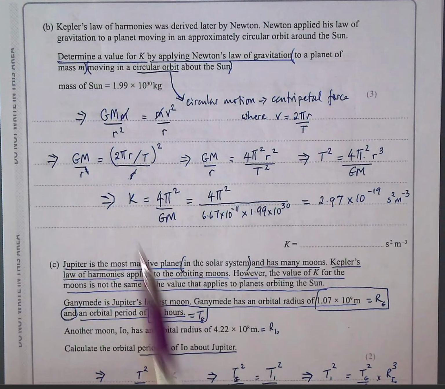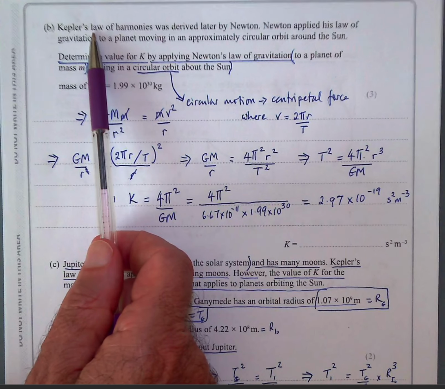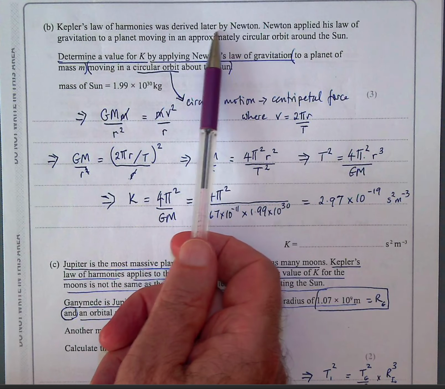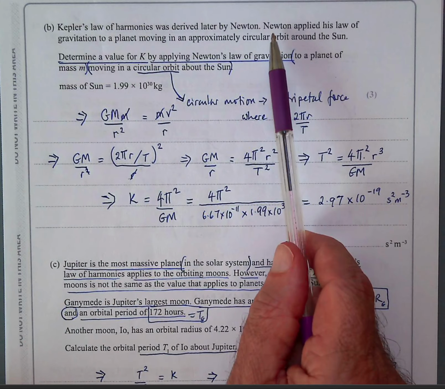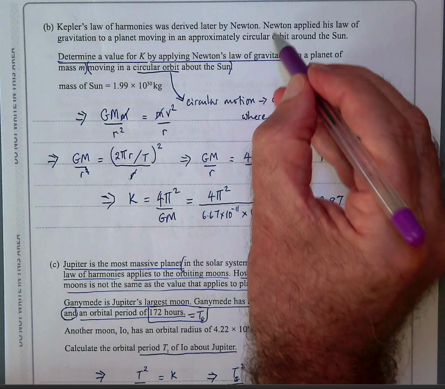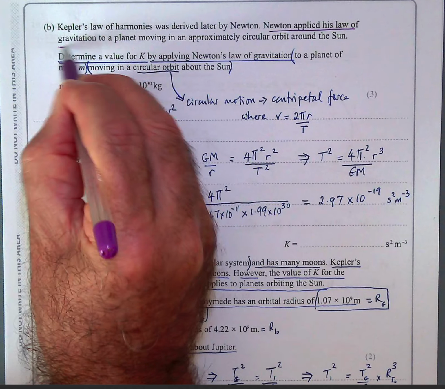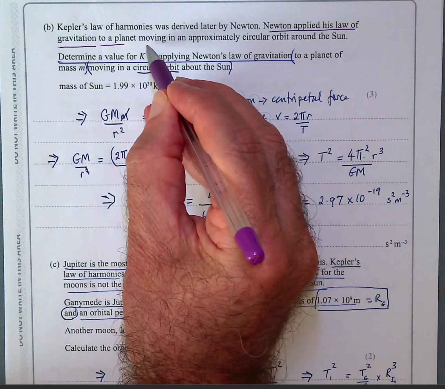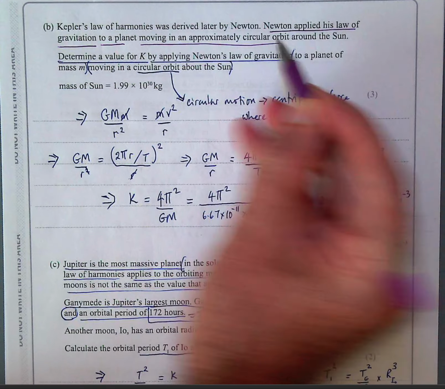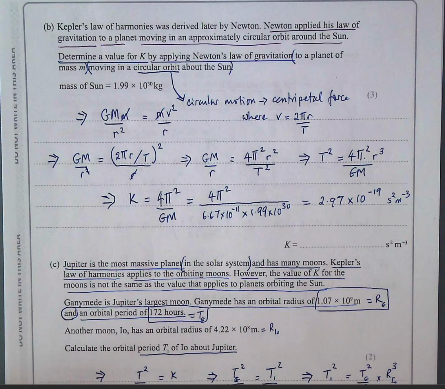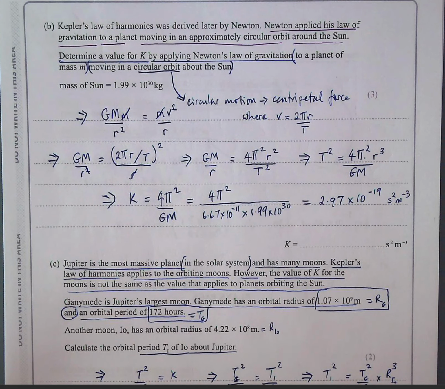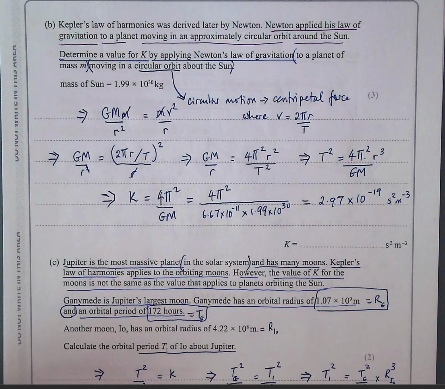The second part is Kepler's law of harmonies was derived later by Newton. Newton applied his law of gravitation to a planet moving in a circular orbit around the sun. Now remember that no planet has a perfect circular orbit, because all objects are moving around the center of mass of the whole system.